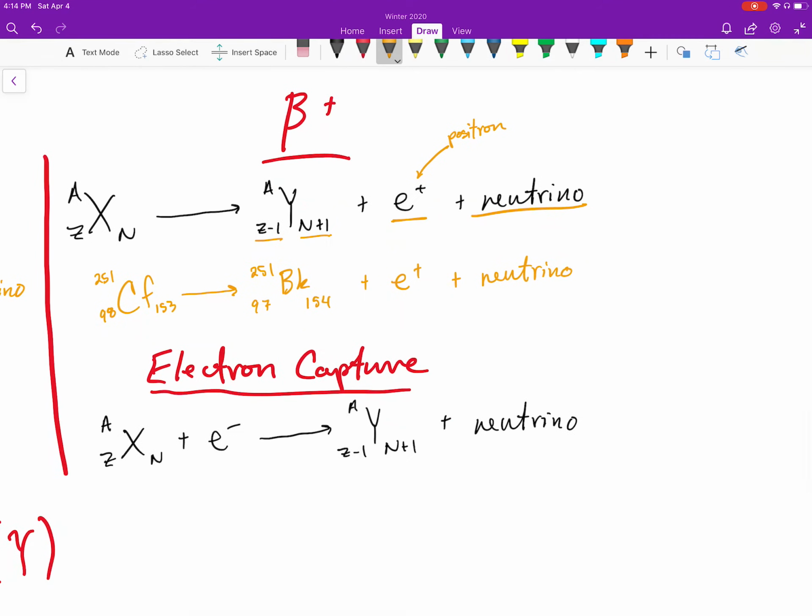Electron capture is the same. You get the same result as beta positive decay, except instead of emitting a positron, so instead of emitting a positive charge, you gain a negative charge.